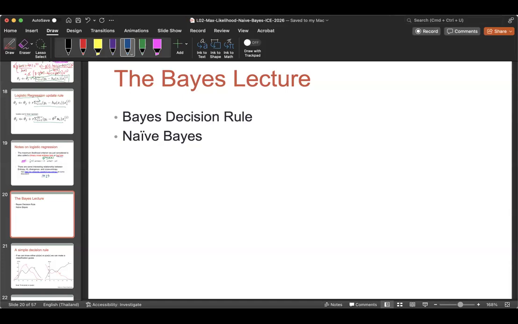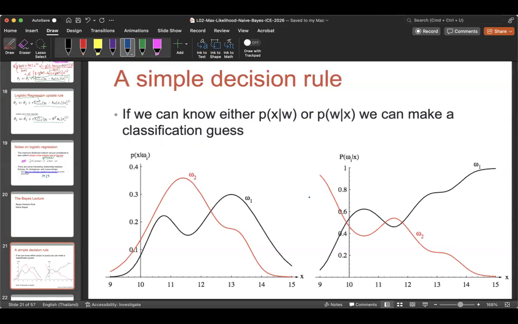All right. We'll continue. So the next part is about Bayes decision rule, which is a way that we can use a probabilistic model to make decisions. Let's look at a simple example.